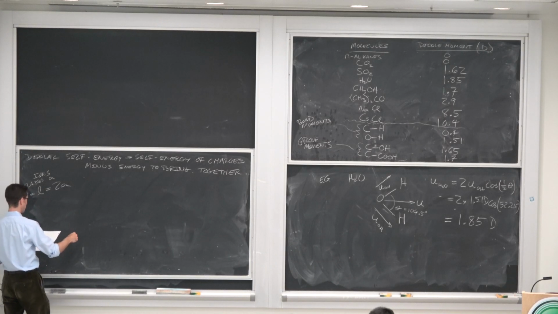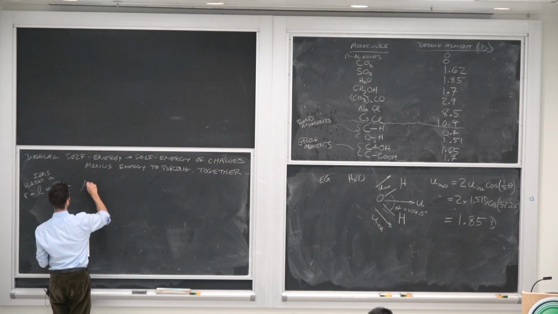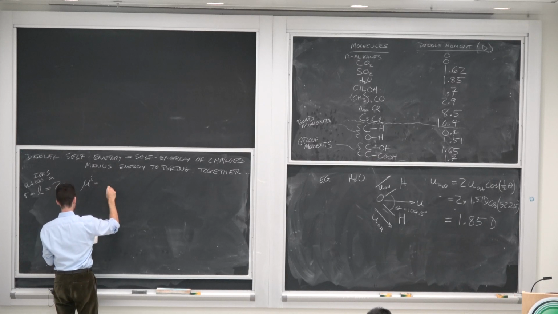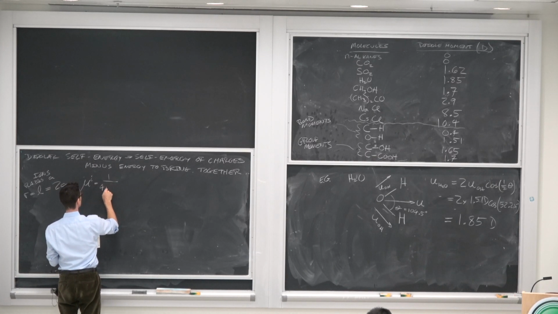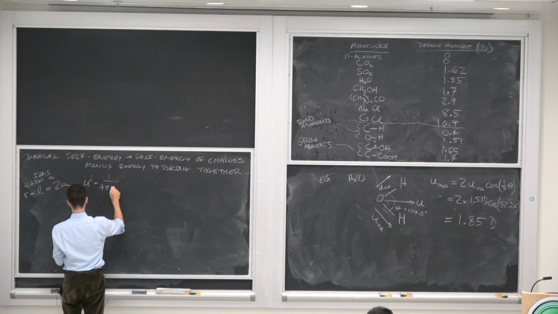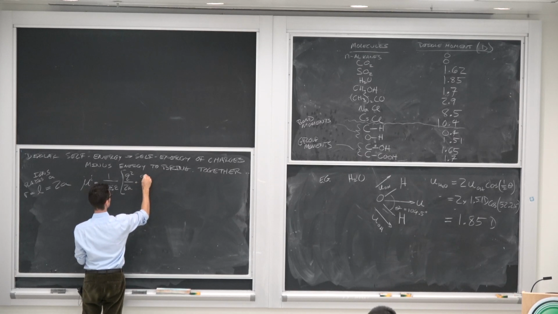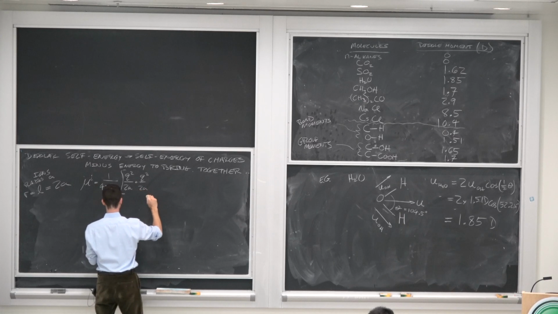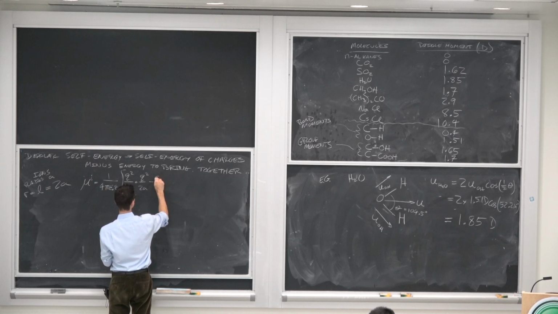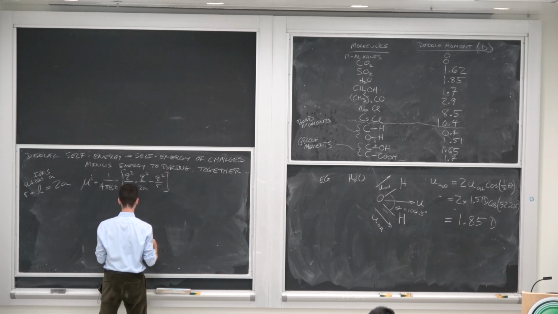Okay, so here we have mu I for a dipole is all of this constant nonsense, 1 over 4 pi epsilon naught epsilon times q squared over 2a plus q squared over 2a minus q squared over r.